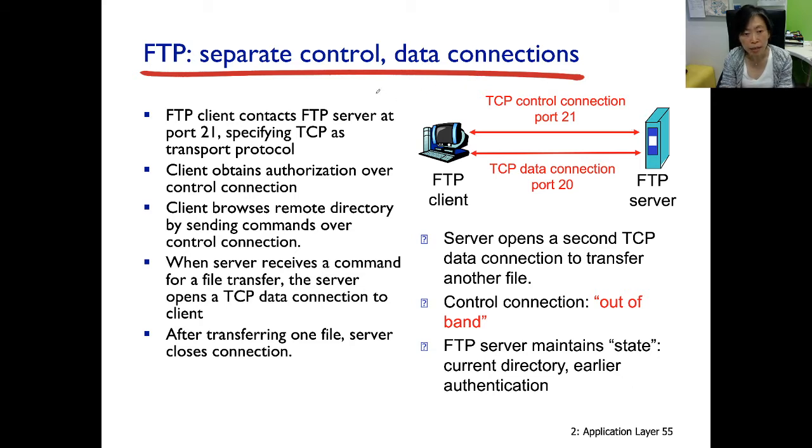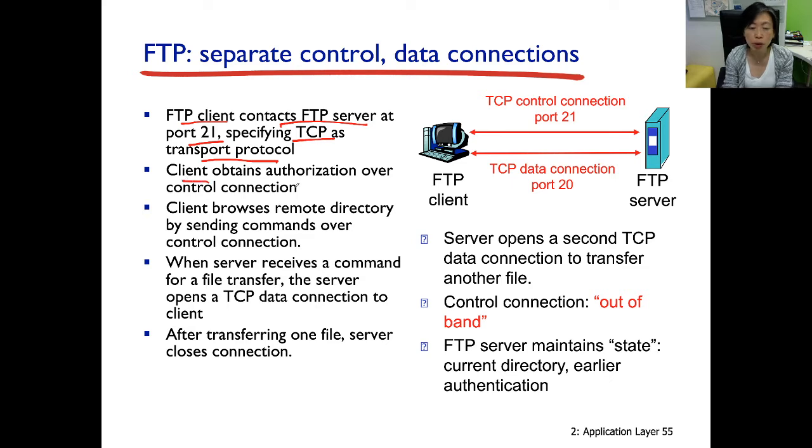All right, so let's take a closer look at the message exchange. FTP clients contact the FTP server at port 21, this we know, specifying TCP as the transport protocol. So FTP uses TCP just like HTTP as the underlying transport layer service.